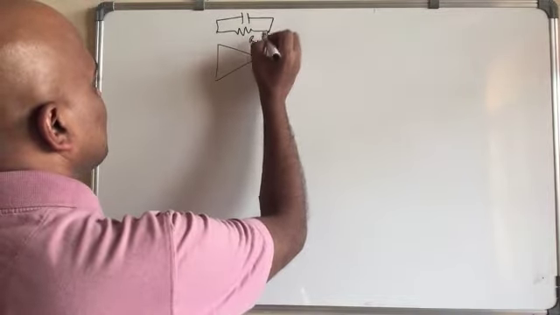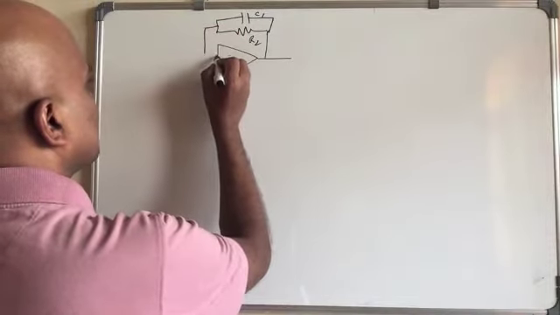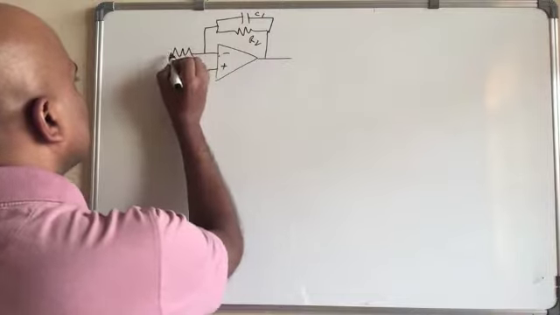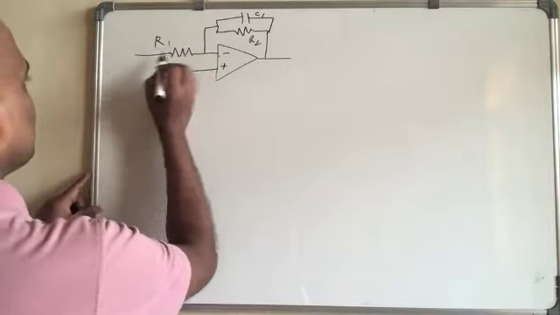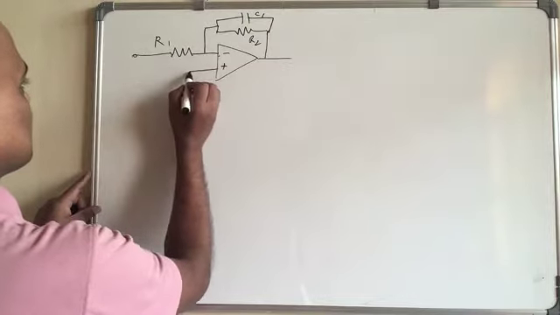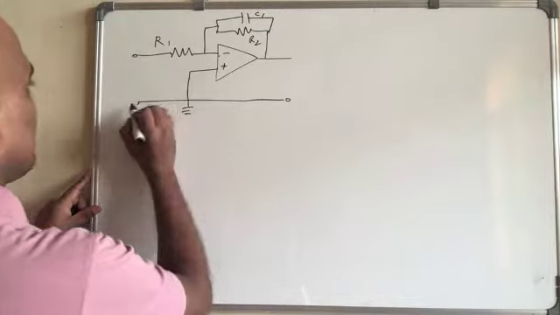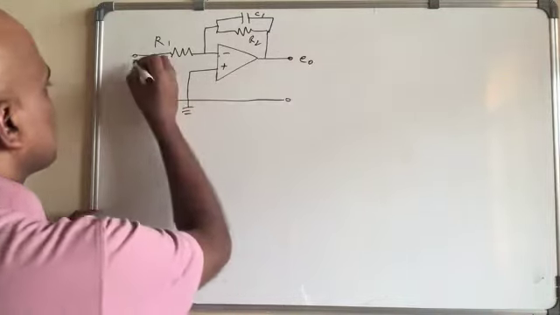So this is R2, this is C1, and then here minus plus, and then it could be R1 here like that, and then I can ask what is this Ei.